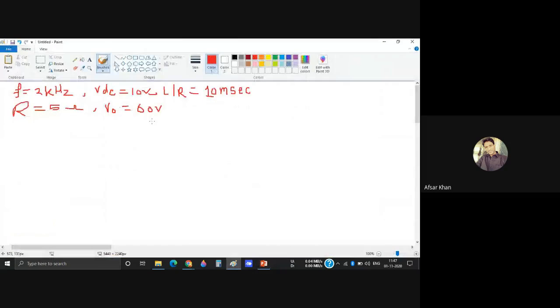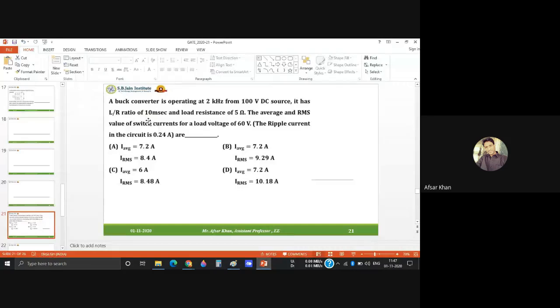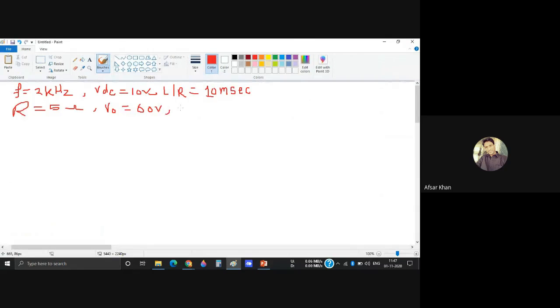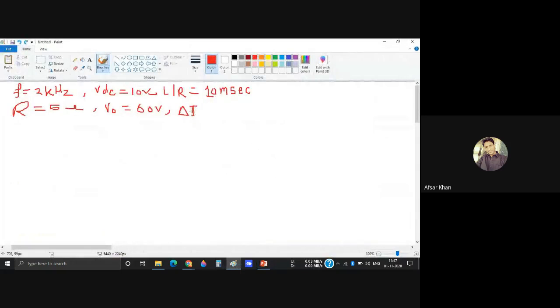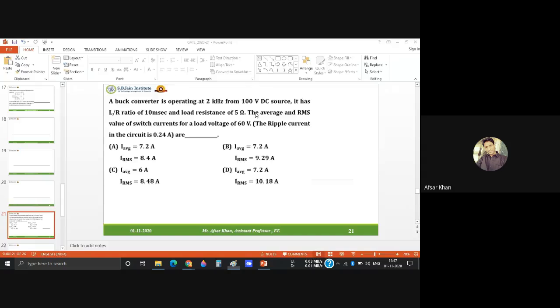And ripple current, we have given ripple current, that is delta IL, delta IL is equal to 0.24 ampere. That's it. These things we have given.